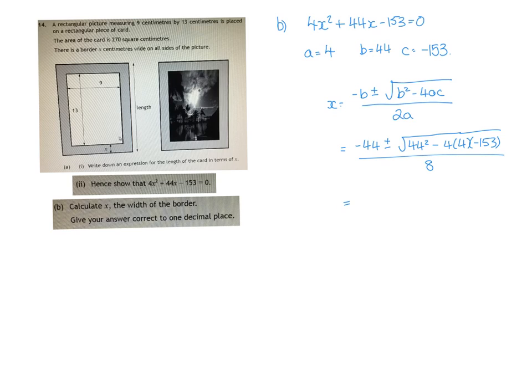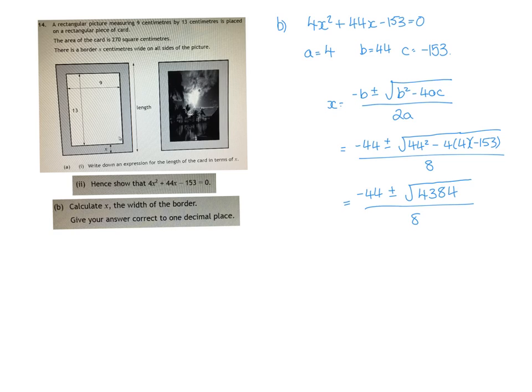We then evaluate what's under the bracket, so we still have our minus 44. We've got our plus or our minus, and if we put that all into our calculator exactly as it is, you should get 4384 over 8. And this is where we split it up and we get our two values.